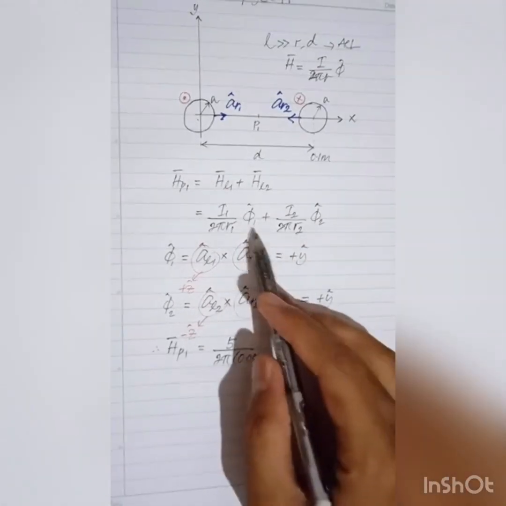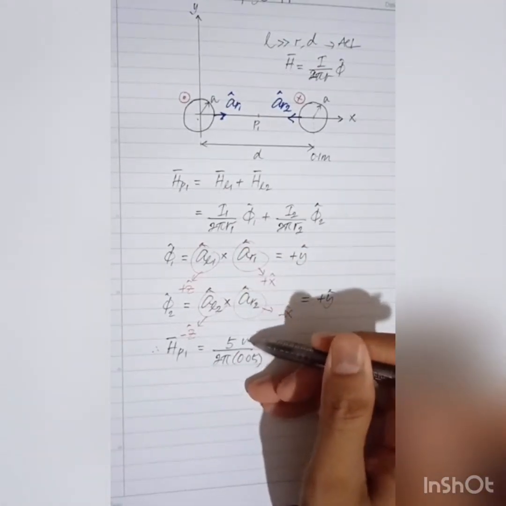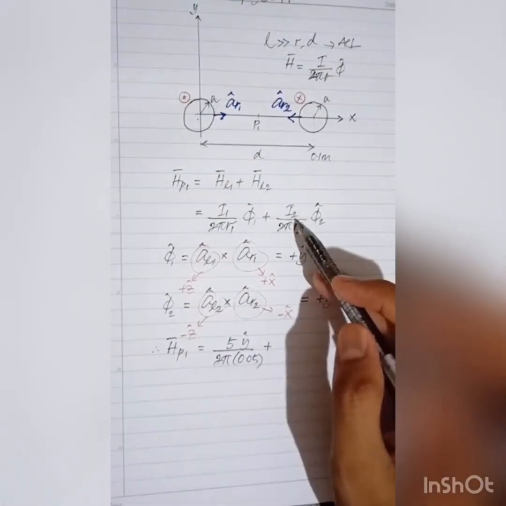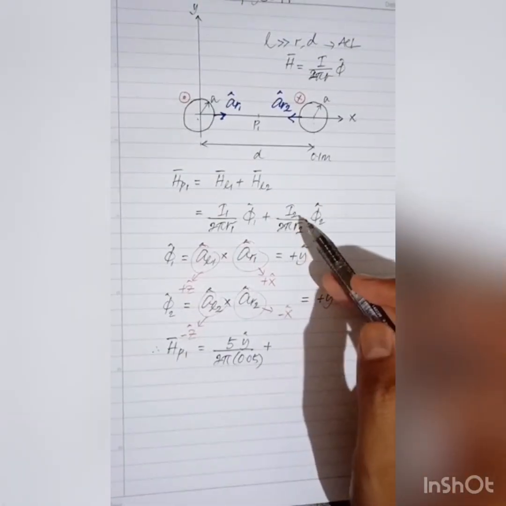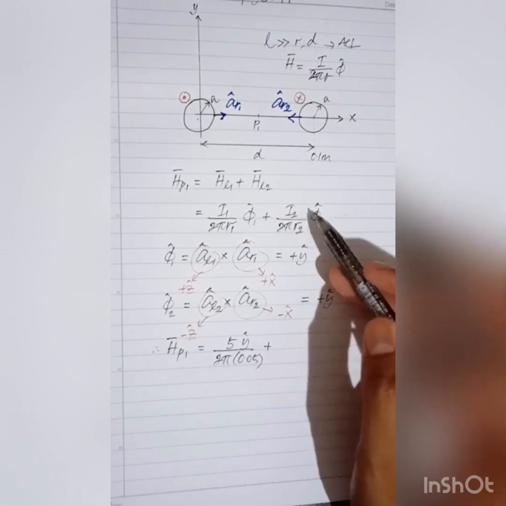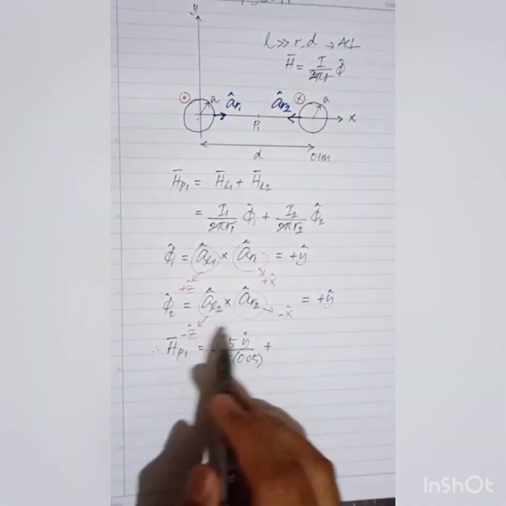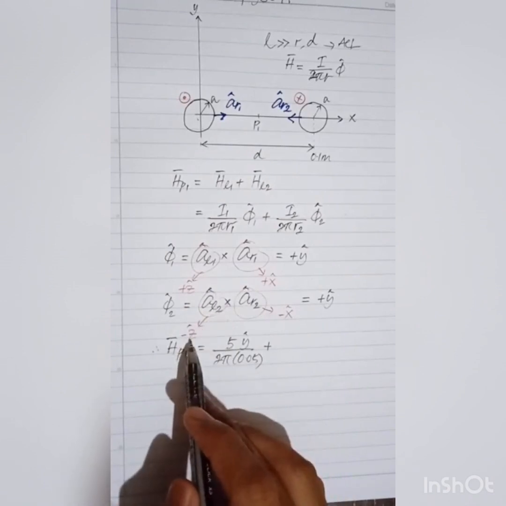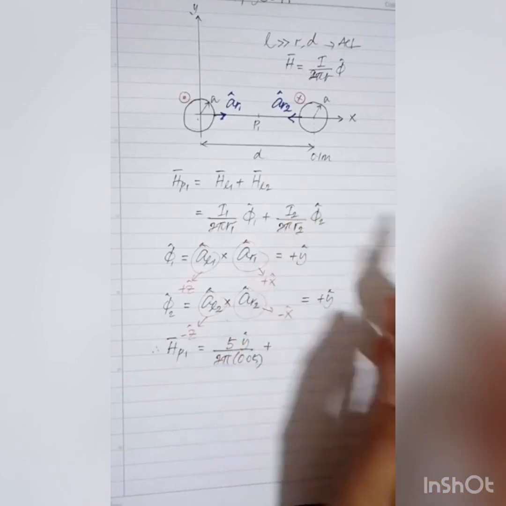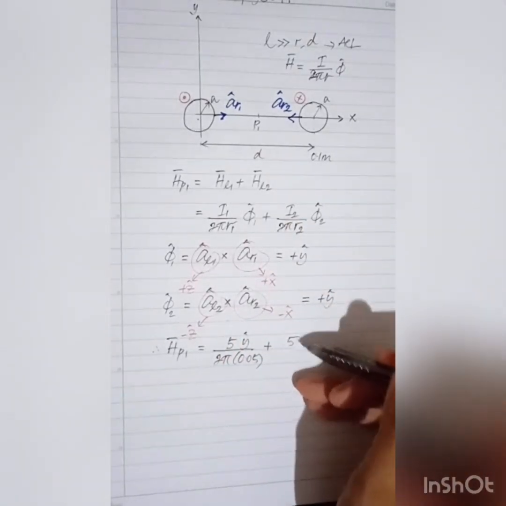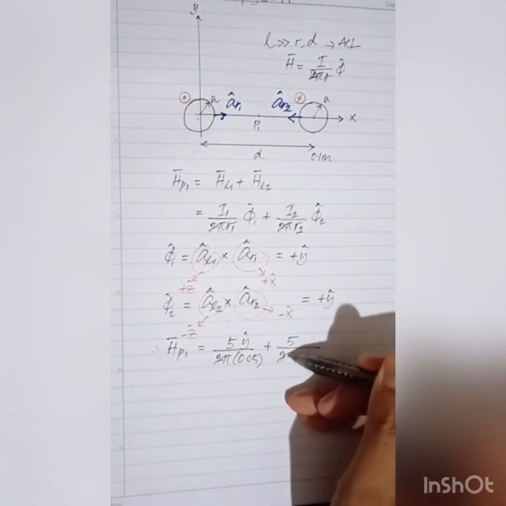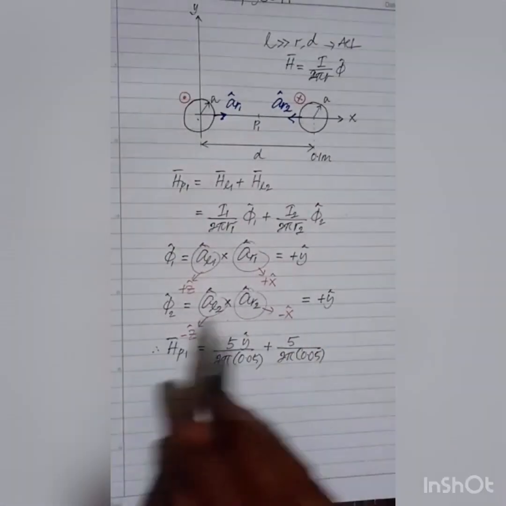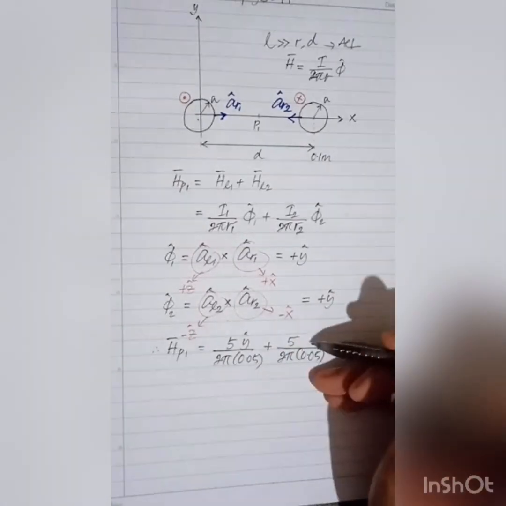And phi 1 is equal to positive y. Plus the second term, I2: we just consider the magnitude because we already took the direction into account inside the conversion. So here we have taken into account the line current direction, and here we just take the magnitude. We put 5 over 2 pi times 0.05 meter, and phi 2 is again equal to the positive y direction.